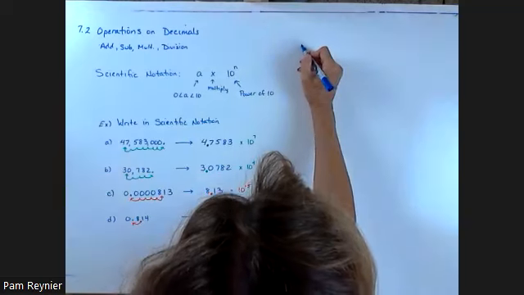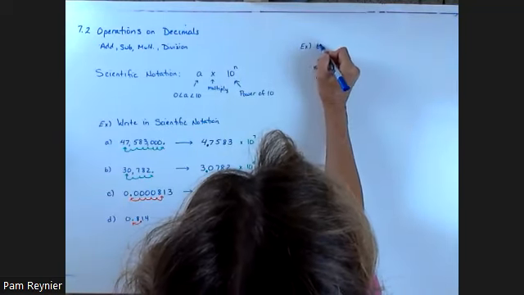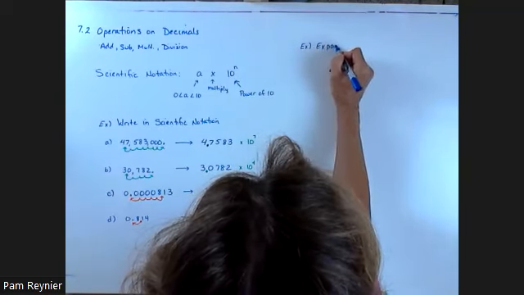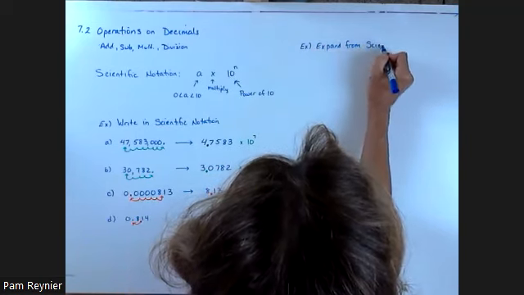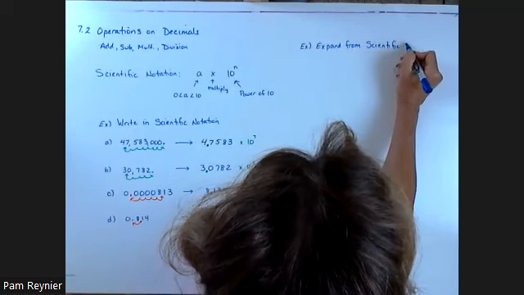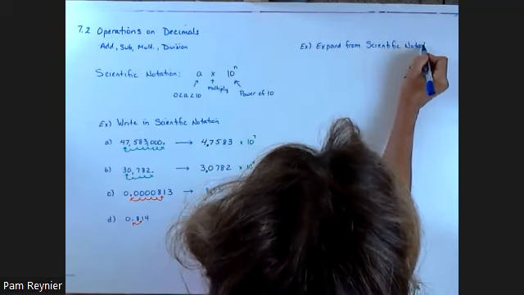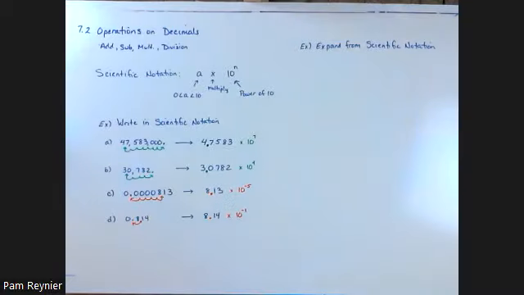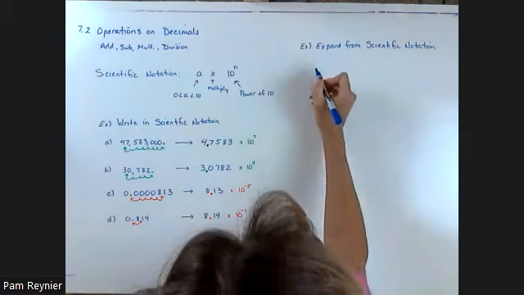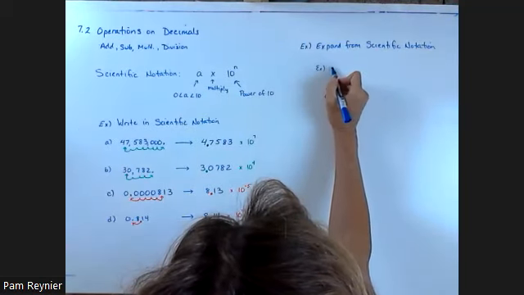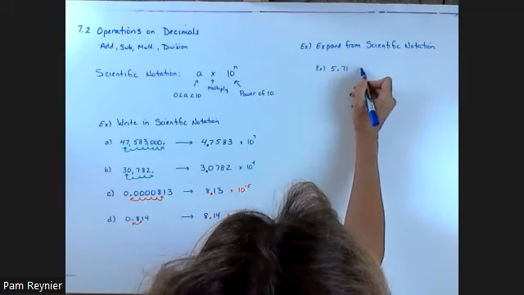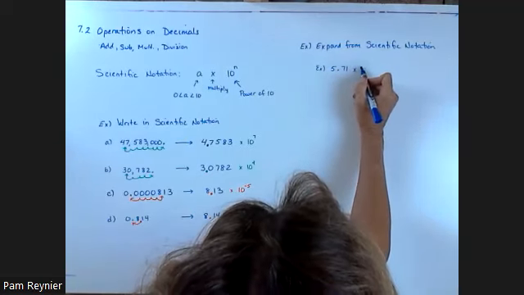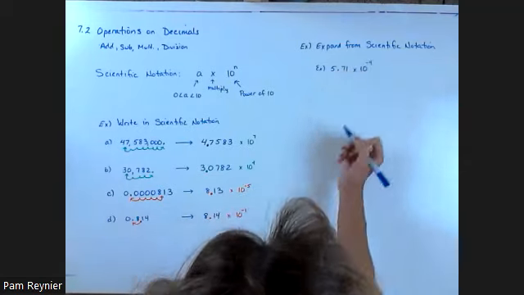Now let's go the other direction. Expand from scientific notation. So let's say I gave you 5 and 7100ths times 10 to the negative 4 power.